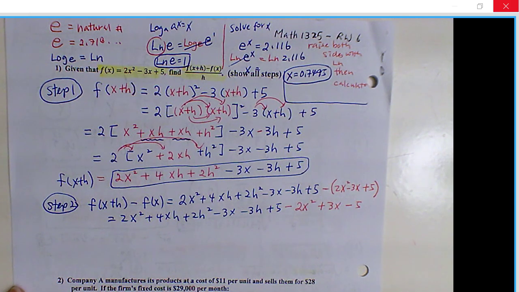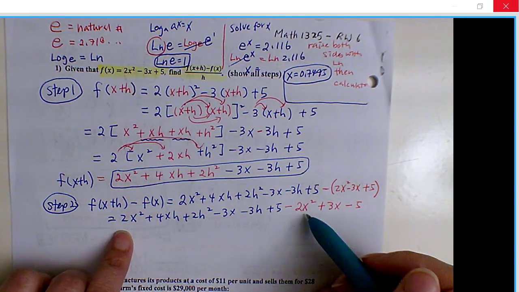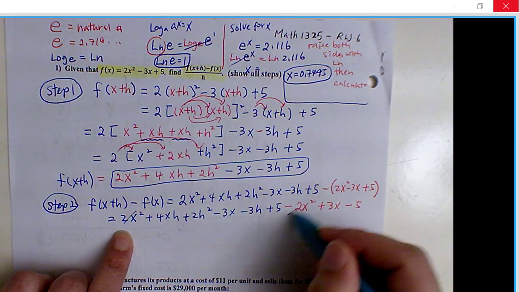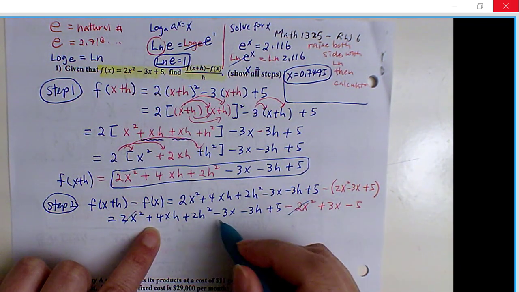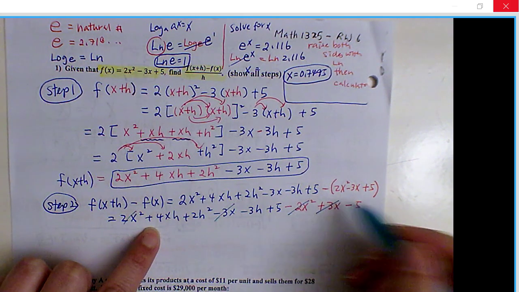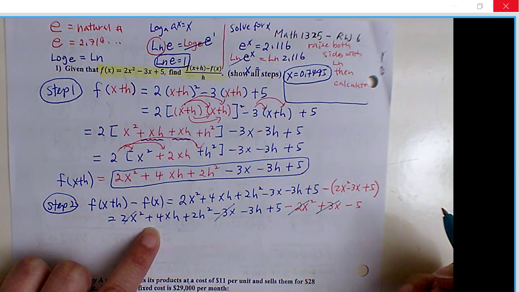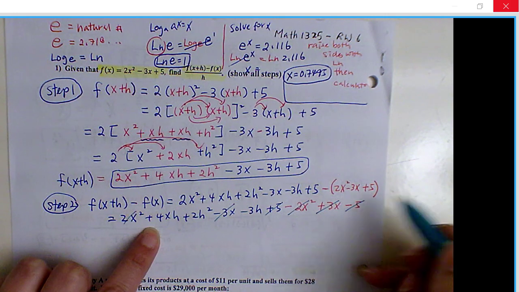And now we want to check and see if we can cancel anything. So it looks like 2x squared minus 2x squared, right? So that guy can go. And what else? The minus 3x plus 3x, and also plus 5 minus 5, right?